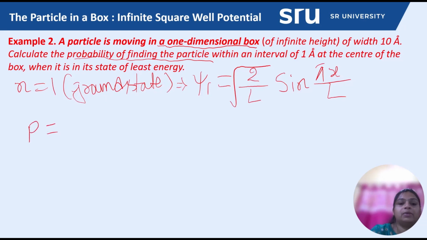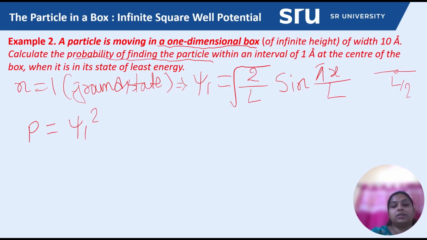equal to psi 1 square. And we can find this easily, because here it is given that it is at the center of the box, that means if the box length is L, then the center will be L by 2.